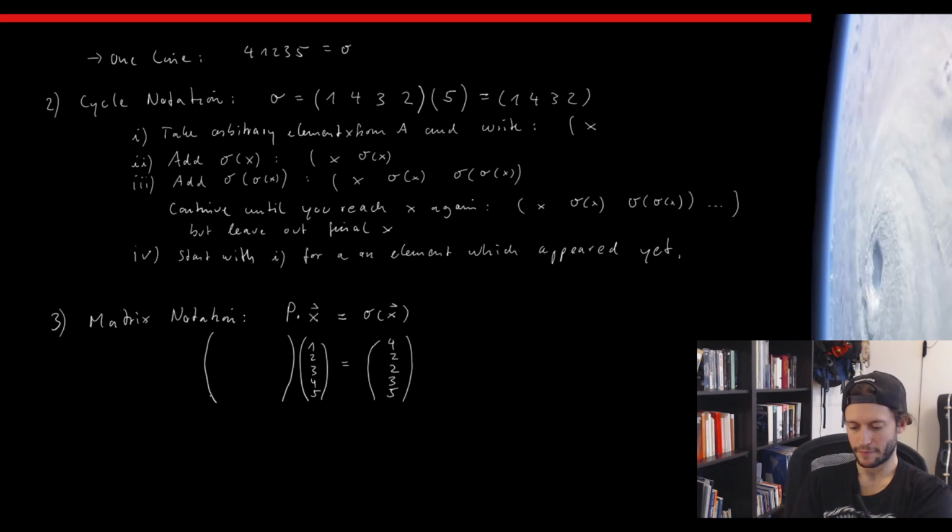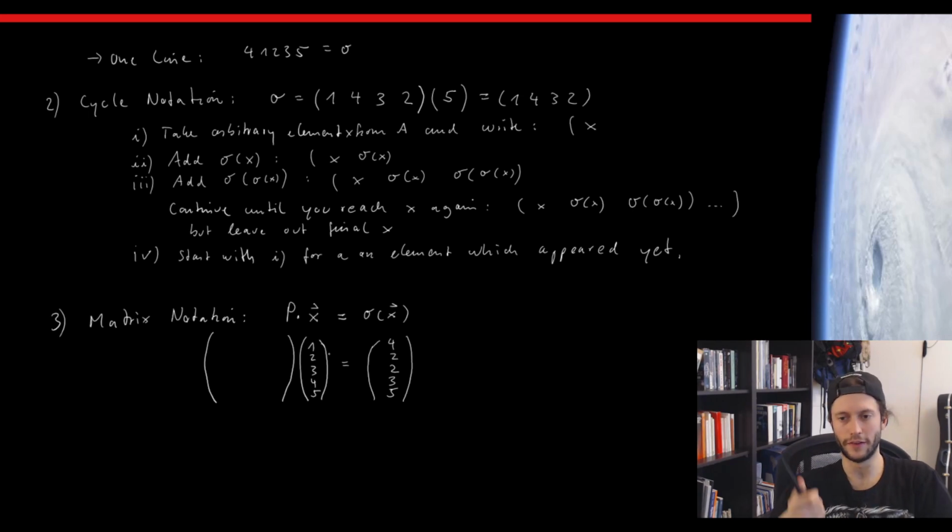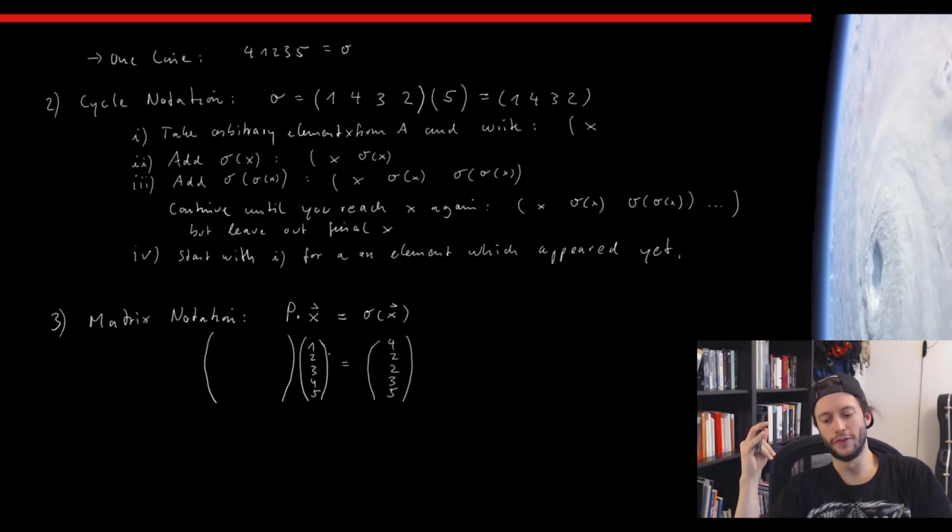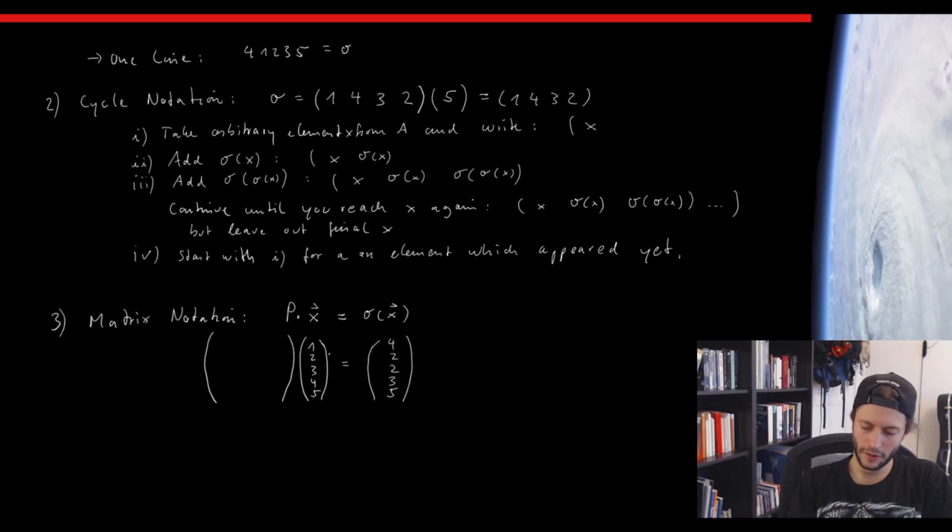Now, which matrix maps this vector X onto sigma of X? Well, of course, you need to know how to apply a matrix to a vector. That's why I said you need a very, very little bit of matrix calculus. But let's see. So we have line times row: 0 times 1 plus 0 times 2 plus 0 times 3 plus 1 times 4 plus 0 times 5.